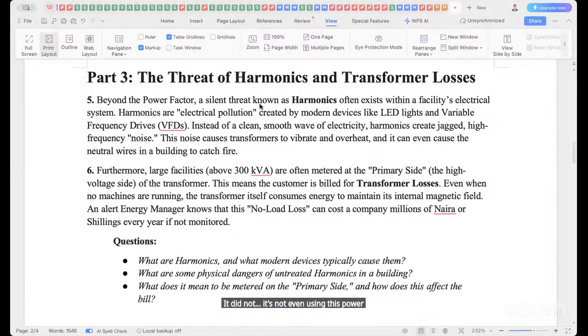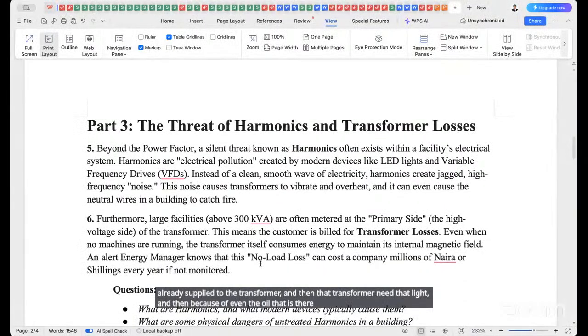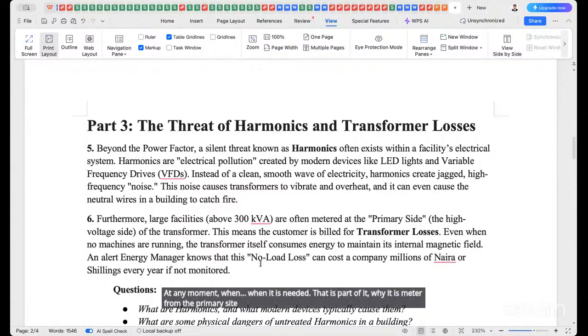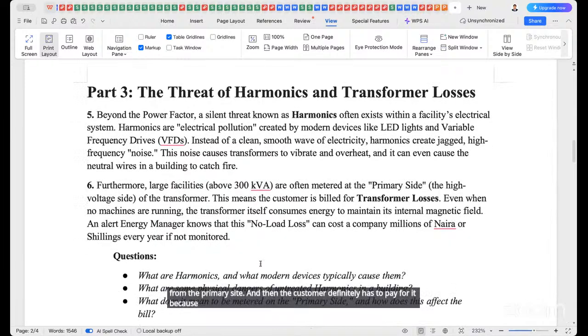But it was already supplied to the transformer, and that transformer needs that light, and because of the oil that is there, at least to heat it up and then to be very effective at any moment when it is needed. That is part of why it is metered from the primary side. And then the customer definitely has to pay for it because it serves its own purpose to protect the transformer itself. Thank you very much.